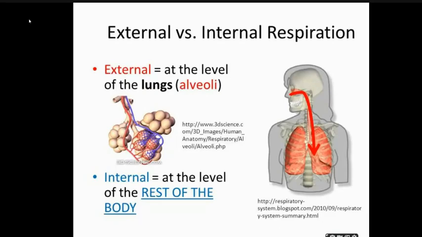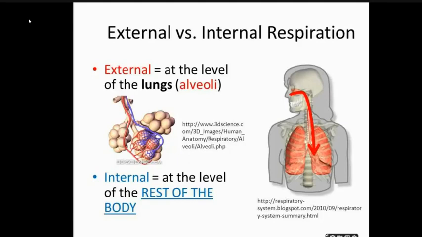Food is oxidized within the cell to liberate free energy, carbon dioxide and water. The energy will be utilized for your work, carbon dioxide will be exhaled outside, and water will be utilized for various purposes.